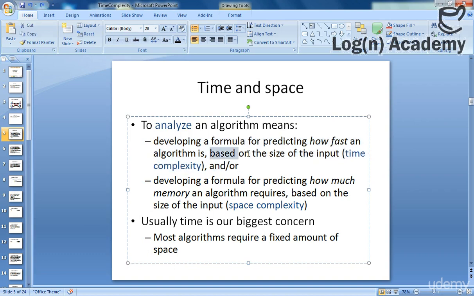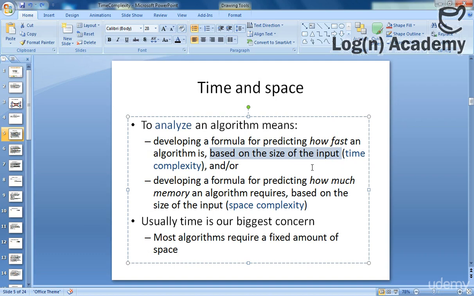This is important. We analyze our algorithm with respect to the input size, and this input size then tells us what the time complexity of the algorithm is.